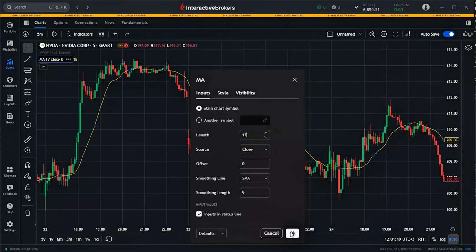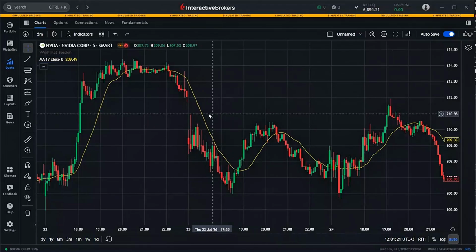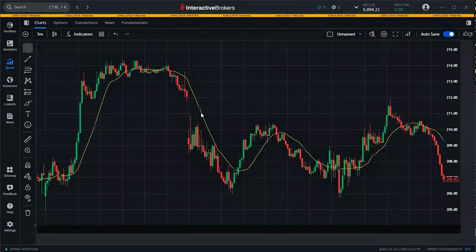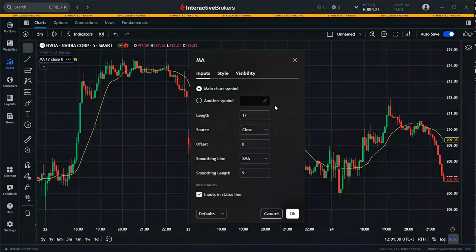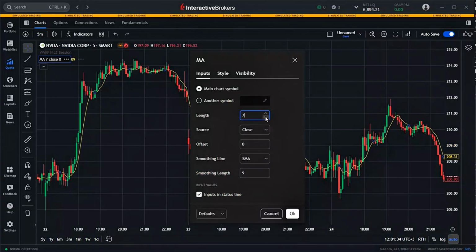So that is how you can customize your moving average, but you just want to leave it as the default, unless you're a professional trader, then you can actually go ahead and change your inputs. It just goes with experience, but the default is always a 9 for the original moving average. So I'll just leave it at 9.